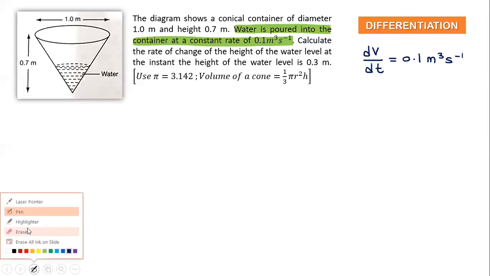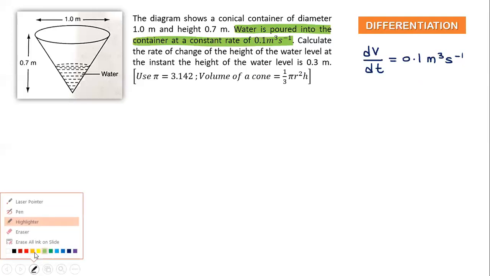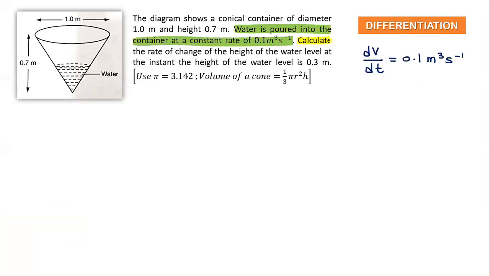For my second information, I want to see the question first. The question is: calculate the rate of change of the height. That means the question is asking us to calculate the rate, and the word height here.